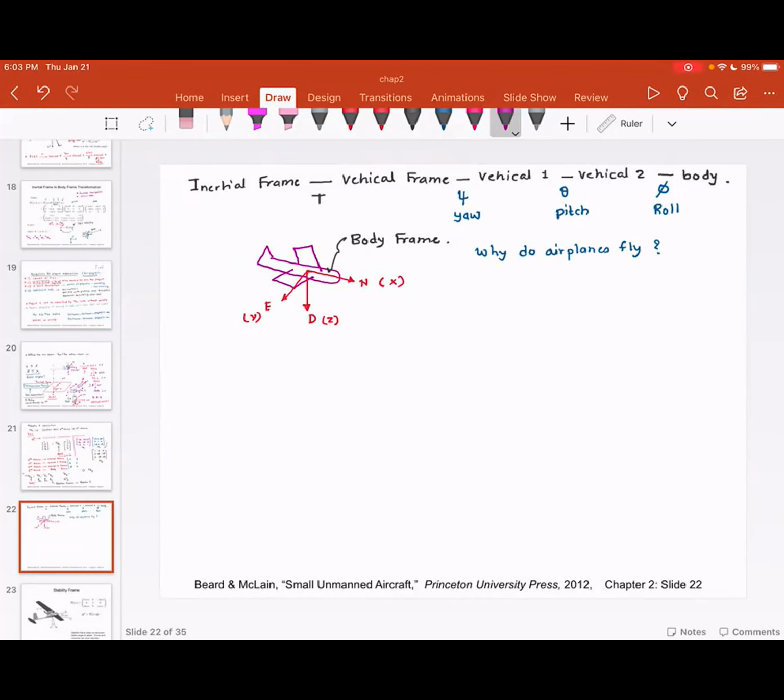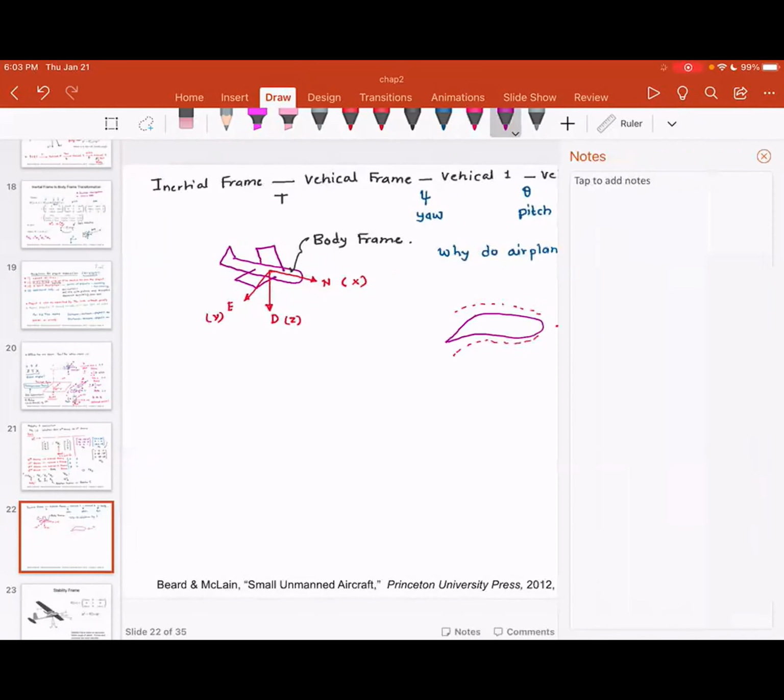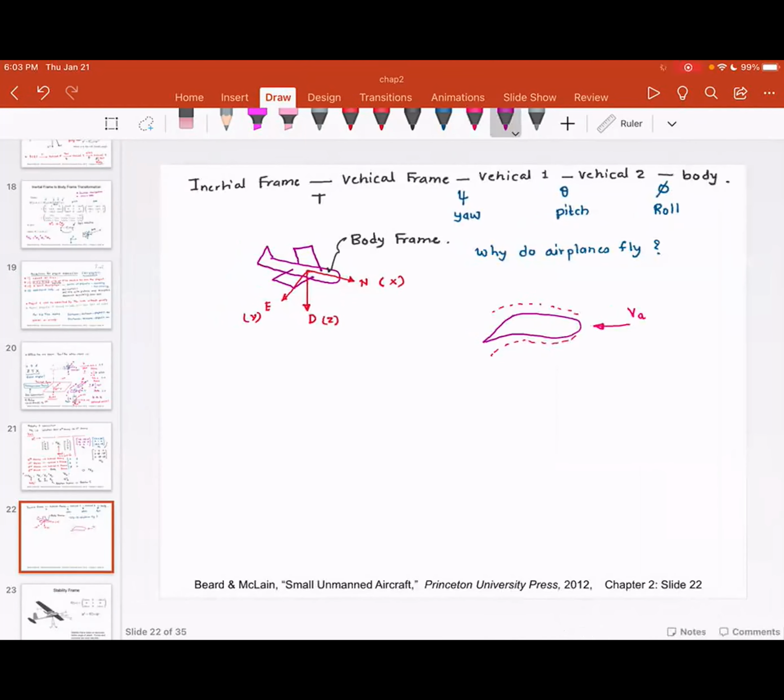What happens is, the wing shape is some sort of an airfoil shape. So basically, an airfoil is a shape as shown in this figure. And when you have air passing around the airfoil, the flow splits, and basically the velocity of the air above the airfoil is different than the velocity of the air below the airfoil.